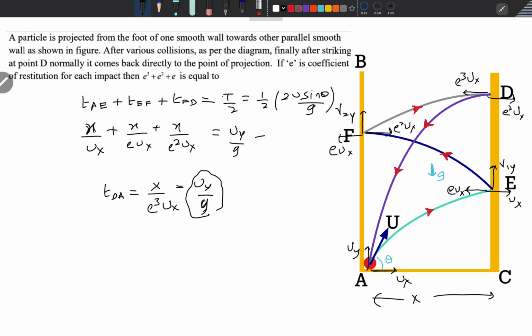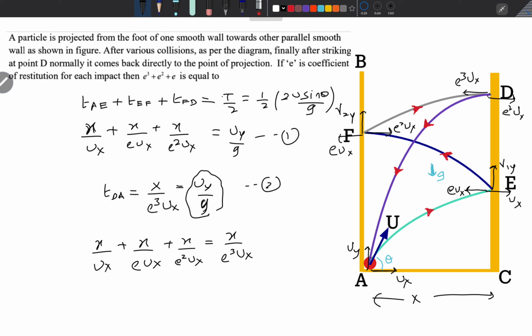Now equating 1 and 2: x by ux plus x by eux plus x by e²ux equals x by e³ux.